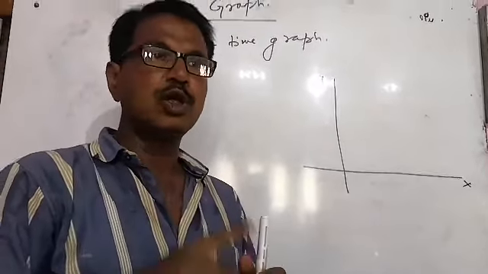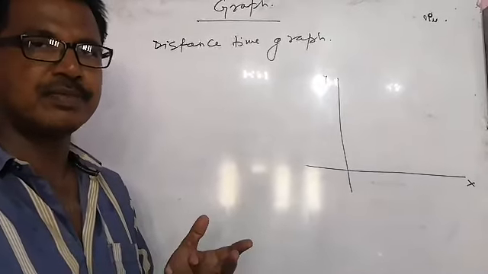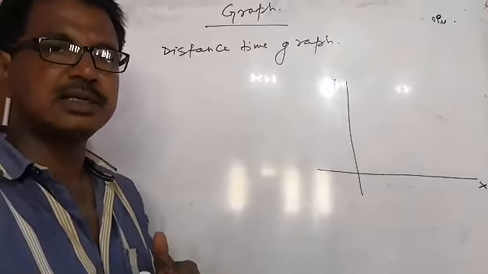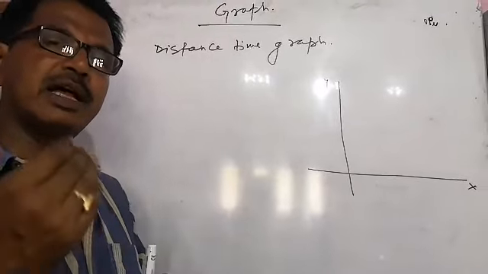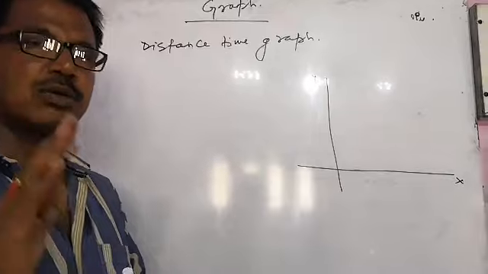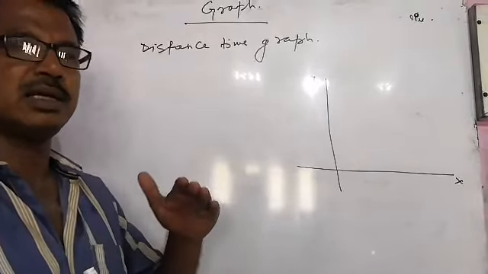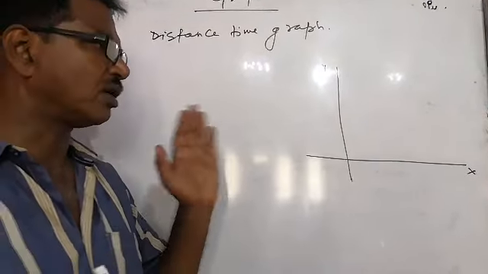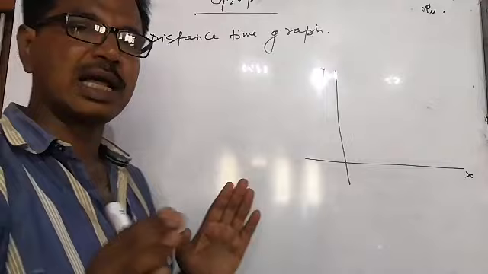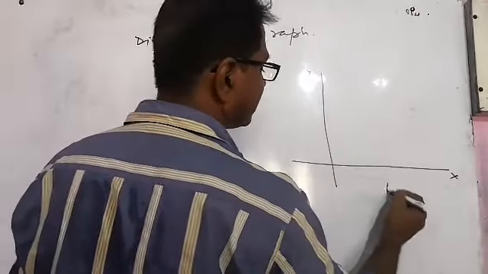So time is independent, it is not depending upon distance. Either your distance changes or not, no problem. Time will certainly increase. मतलब टाइम अपने मर्जी का है, वो बढ़ेगा तो बढ़ेगा ही, कोई मतलब नहीं कि डिस्टेंस आप बदल रहे हैं. Either you are increasing your distance or not, that does not matter. Time will certainly increase. So time is independent quantity, hence it will be on x-axis.